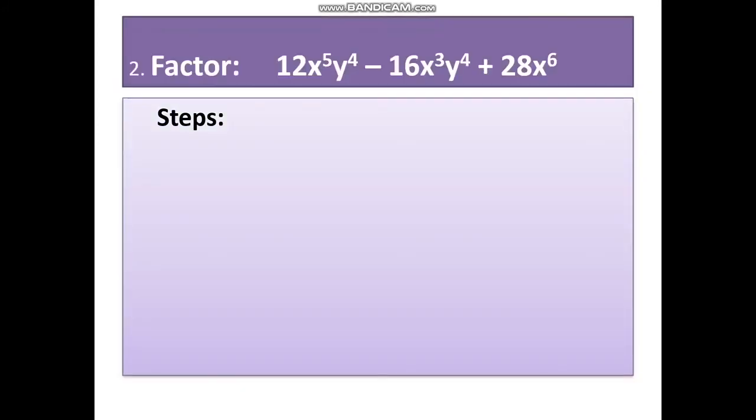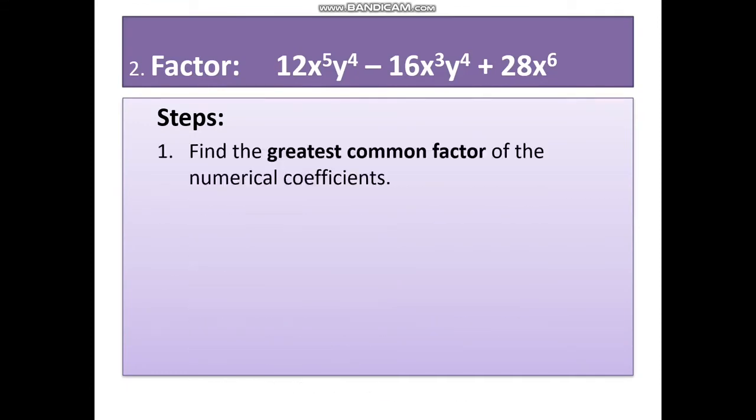Okay, now let's answer number 2. Factor 12x to the 5th y to the 4th power minus 16x cubed y to the 4th power plus 28x raised to the 6th power. So step 1, find the greatest common factor of the numerical coefficients.